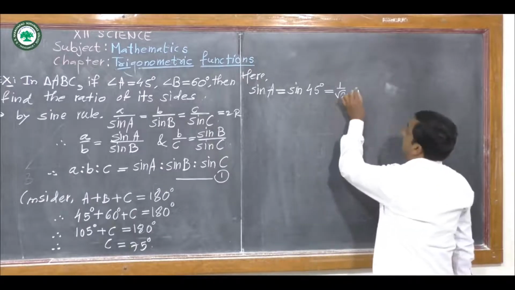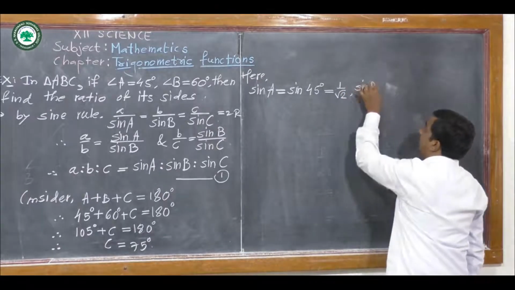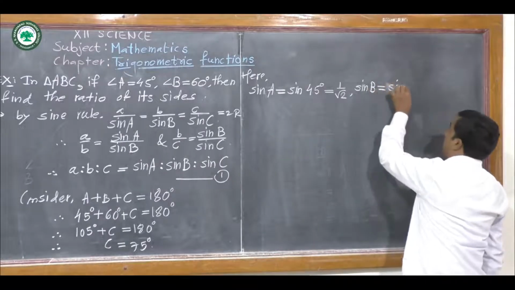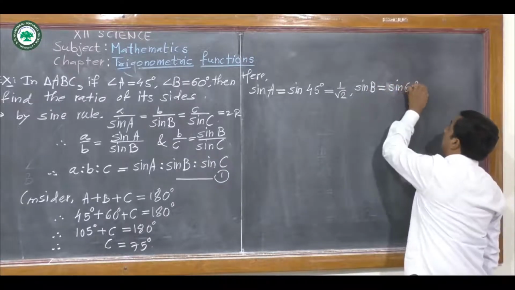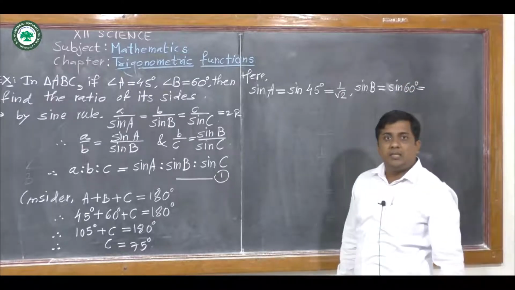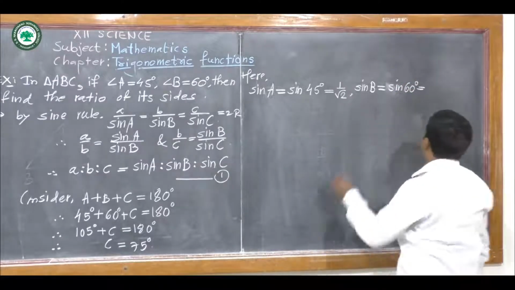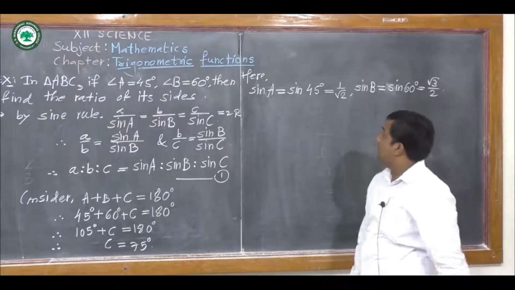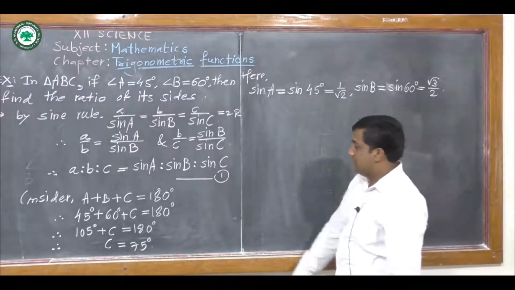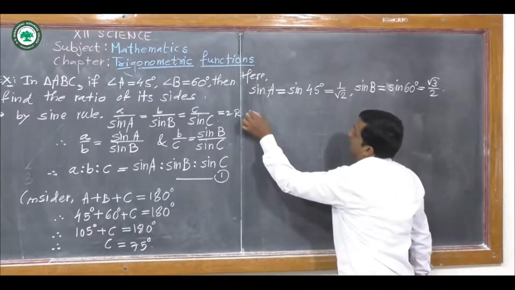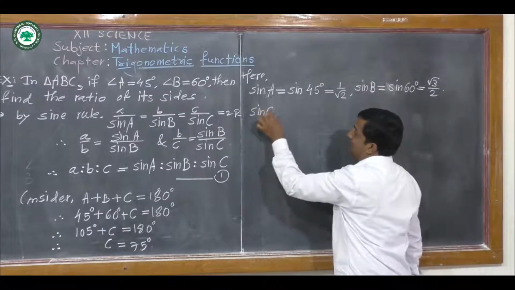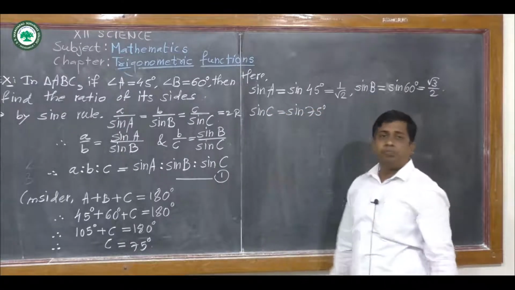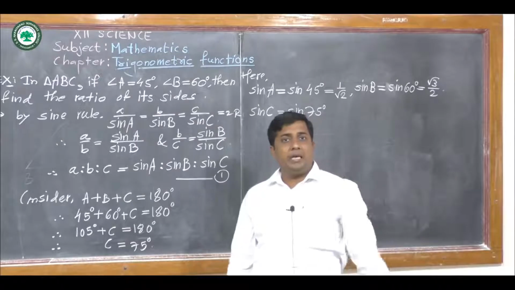Next, sin B is equal to sin of 60 degrees, which is root 3 by 2. And lastly, we consider sin C, which is sin of 75 degrees. We have to find sin 75 degrees.